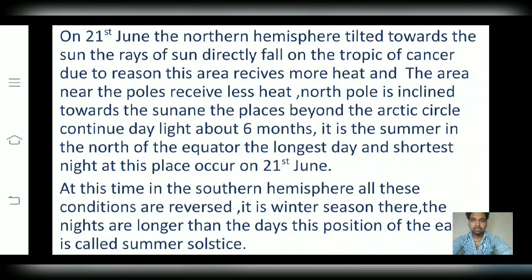Due to this reason, this area faces more heat, and those areas beyond the Arctic Circle, that is 66.5 degree, face less heat energy. So due to this reason, the area beyond the Arctic Circle to the poles faces 6 months daylight. In this situation, the northern hemisphere feels summer, with the longest day and shortest night.